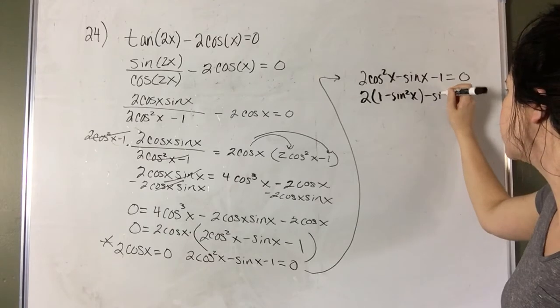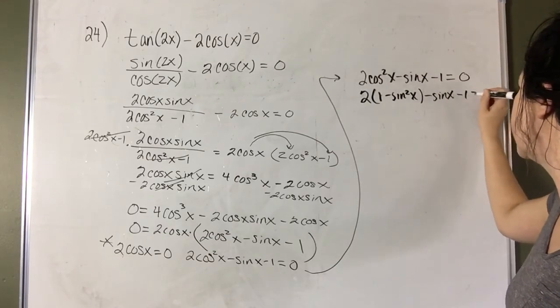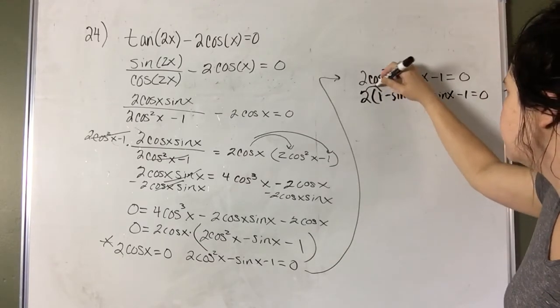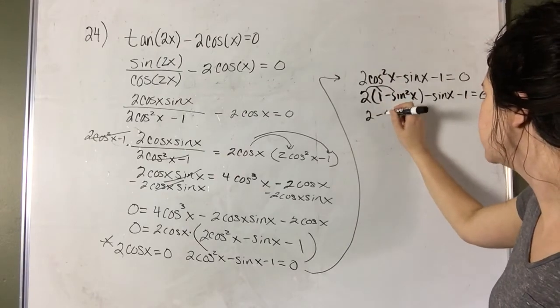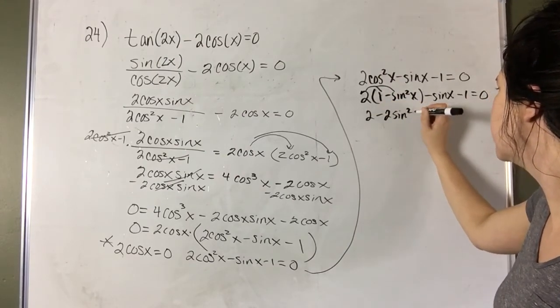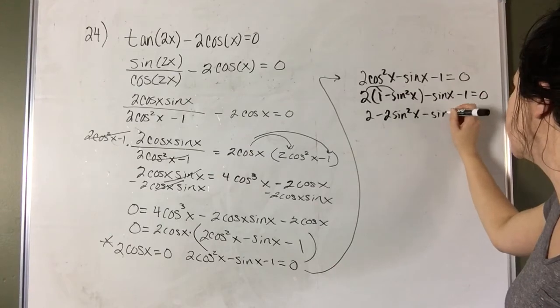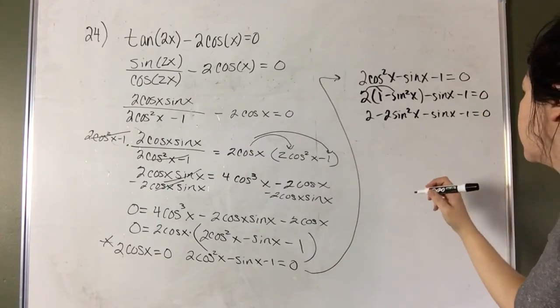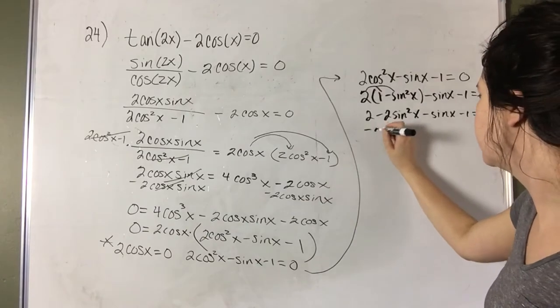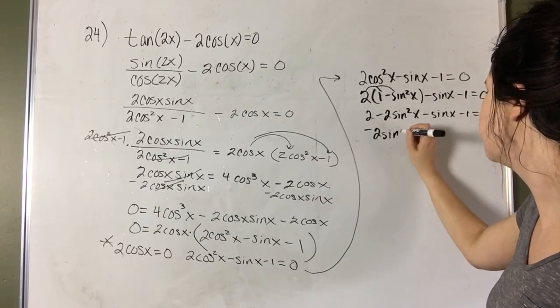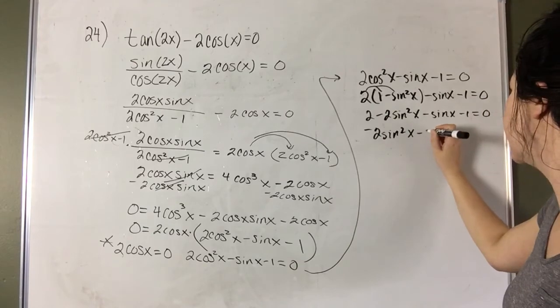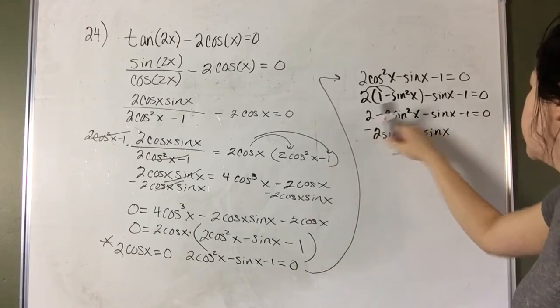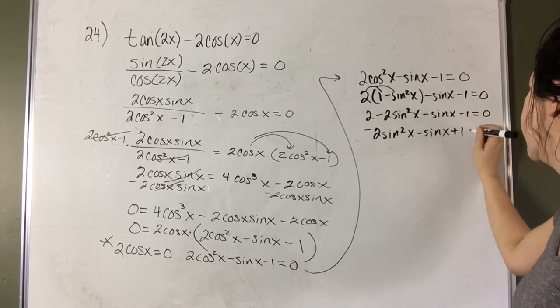Bring down the minus sine, minus 1 equals 0. Distribute, so we have 2 minus 2 sine squared minus sine minus 1. So I'm going to put it in descending order. We have negative 2 sine squared minus sine, and then 2 minus 1, that's plus 1.